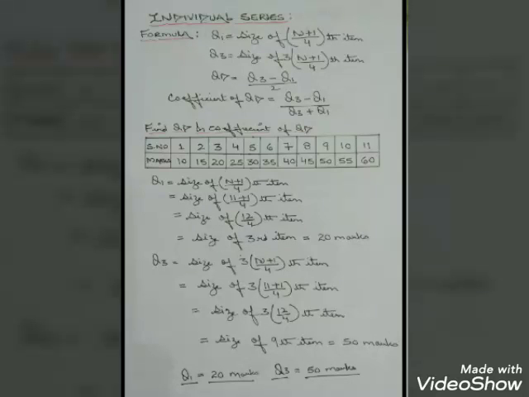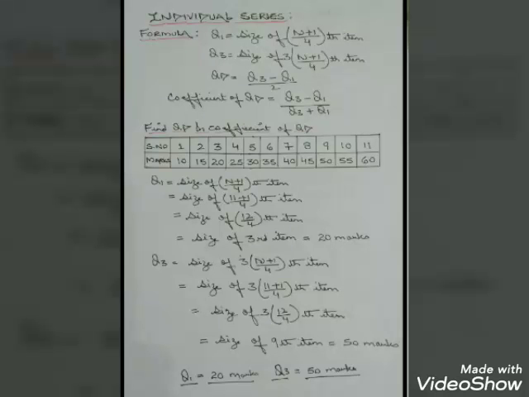Now children, under the individual series, while calculating the quartile deviation or coefficient of quartile deviation, you have to find Q1 and Q3 first. To find Q1, the formula is size of (n plus 1) upon 4th item. Q3 equals size of 3 times (n plus 1) upon 4th item.